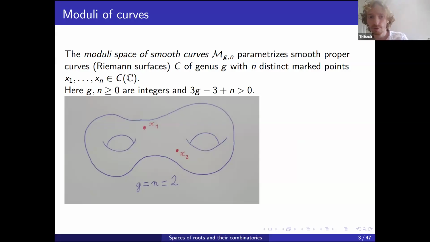Here, g is the genus, so it's the number of holes. Here it would be 2, and n is the number of marked points. For each choice of integers g and n, satisfying some condition, you get a space M_{g,n} like that. Points of M_{g,n} are these pictures, and deforming the picture a little bit corresponds to moving a little bit on M_{g,n}.